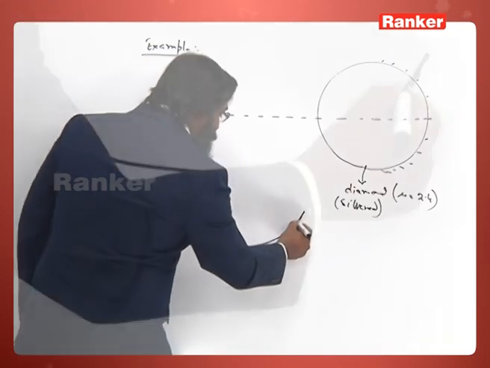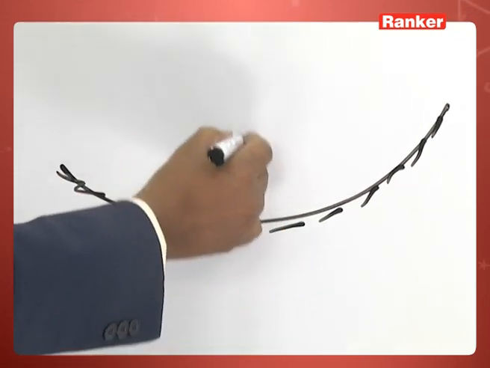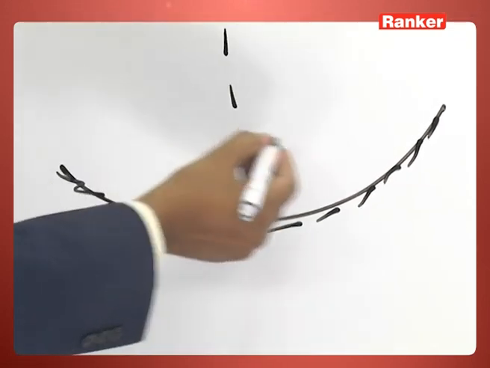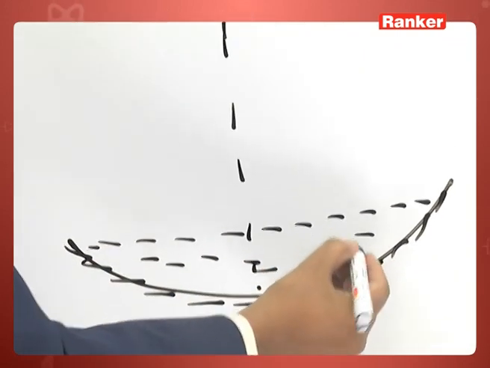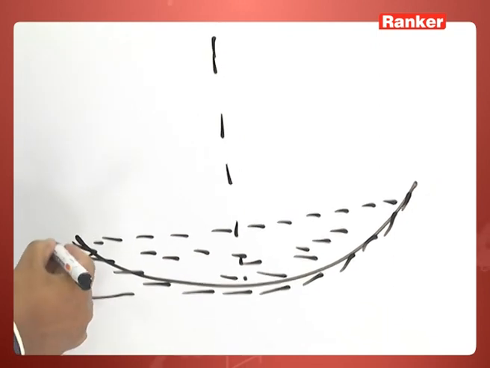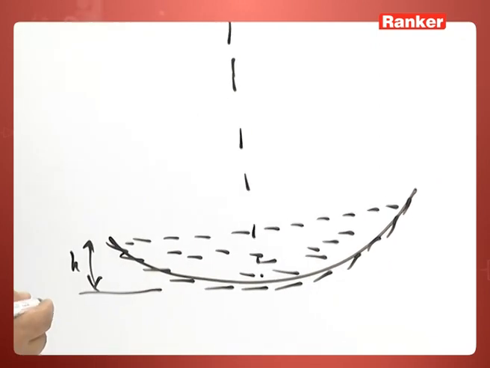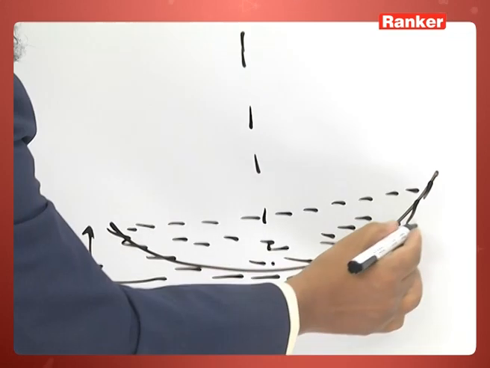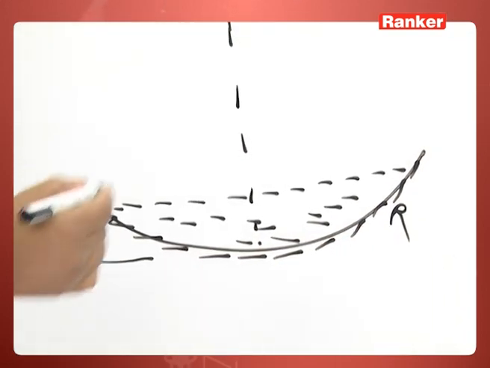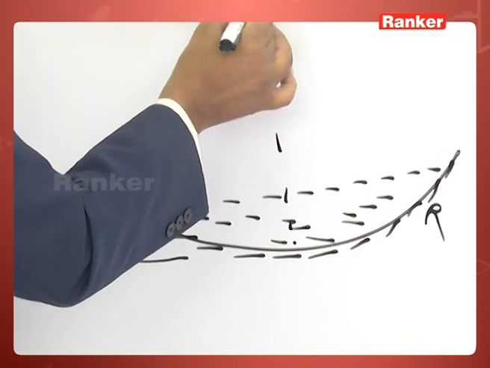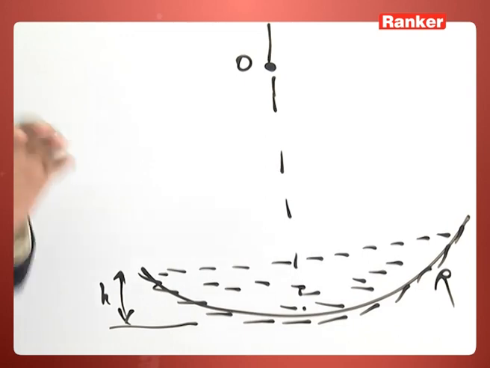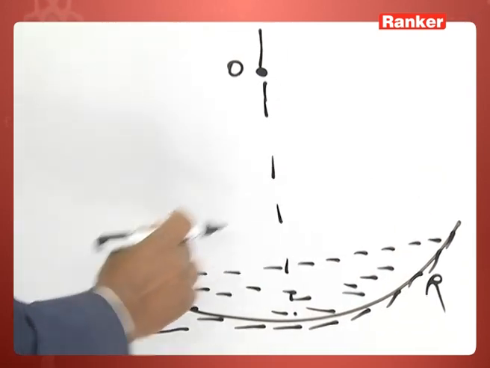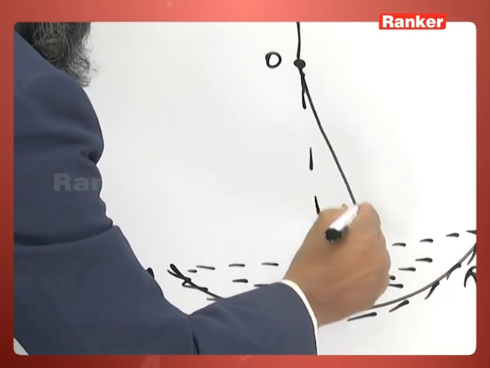Suppose this is a spherical mirror kept vertically, and we have put some water into it, and this water is up to height h. It has a radius of curvature r. Now the question is, where should an object be placed so that its image coincides with itself? Suppose I assume a ray here.